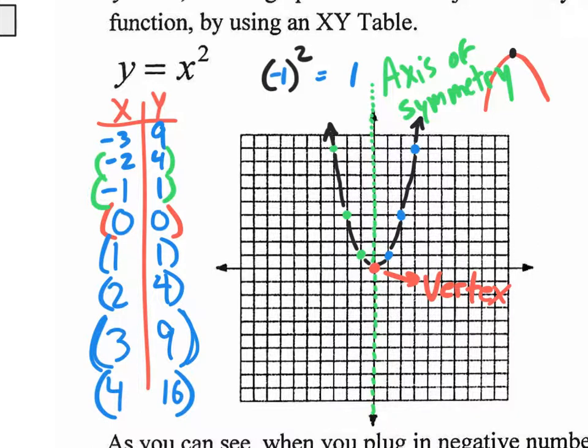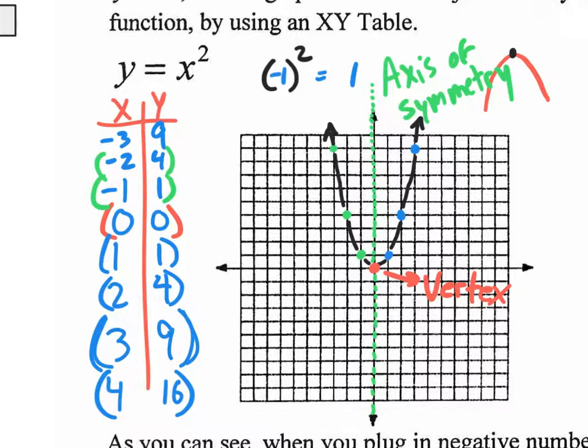Because it provides symmetry. It provides a reflection from one side of it to the other side. So this blue dot, it's 1 unit away from that green vertical line. So the green dot has to be 1 unit away. This one is 2 units away. So this one has to be 2 units away. This is 3 units away, which means that this one has to be 3 units away.